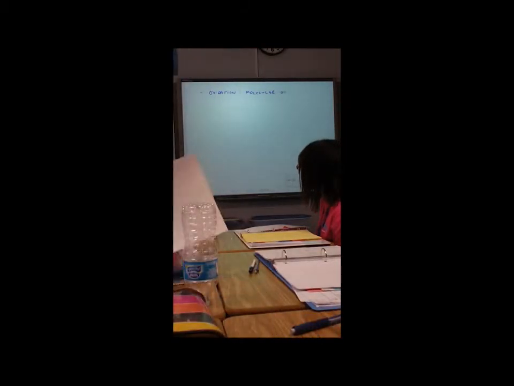So oxidation number, we really apply only to molecular substances or atoms within molecules.